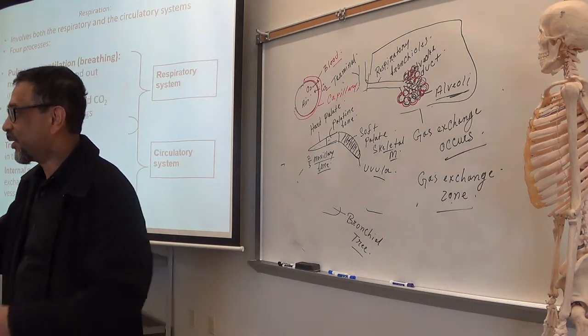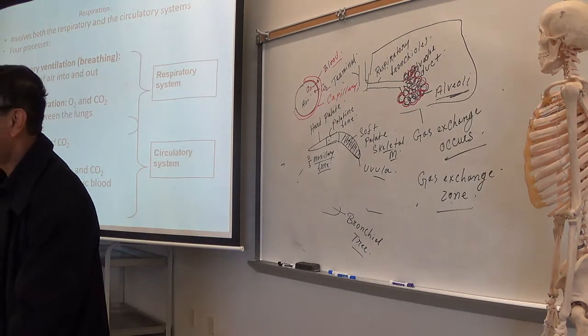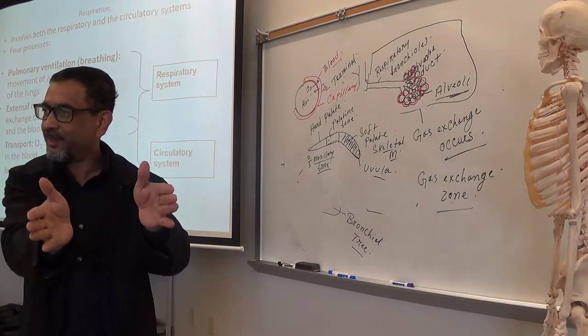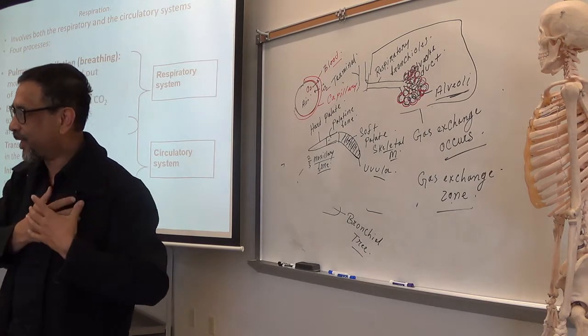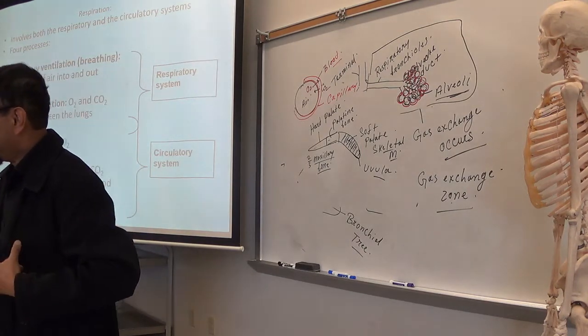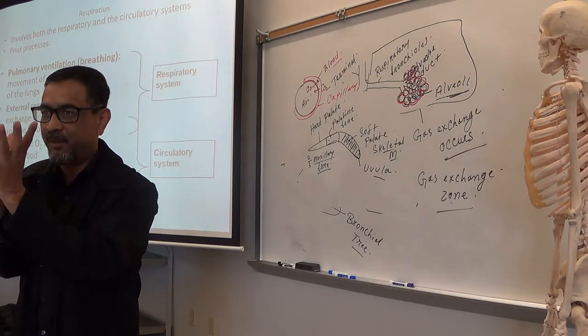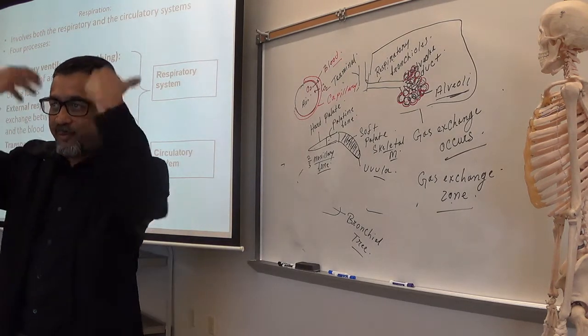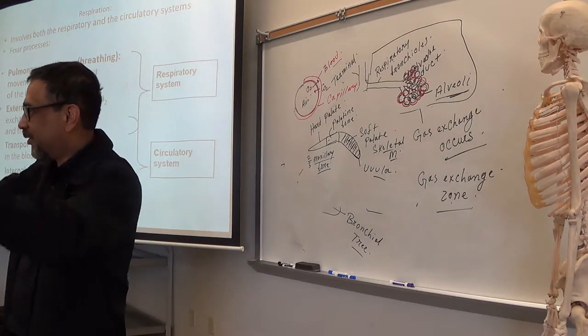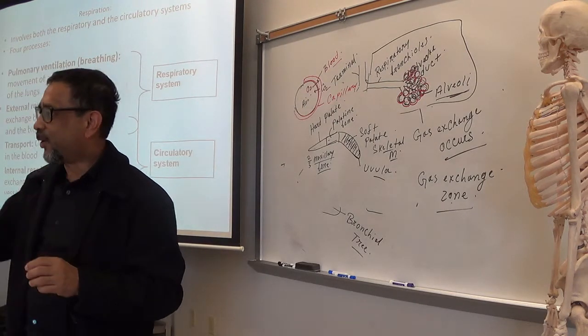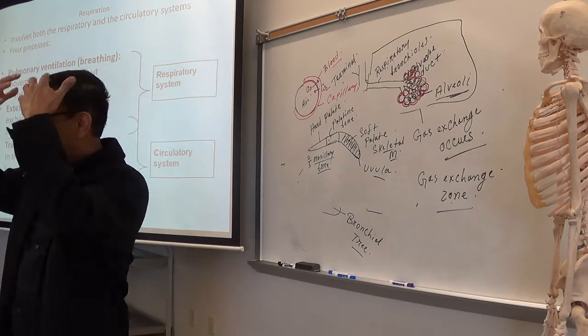Left or right? Oxygenated, always left. I said oxygenated, always left. Left atrium, right? And it gives oxygenated blood to the left ventricle, and then the left ventricle does what? Forcefully pumps the blood to the body. Remember that? So oxygenated blood goes to the body.